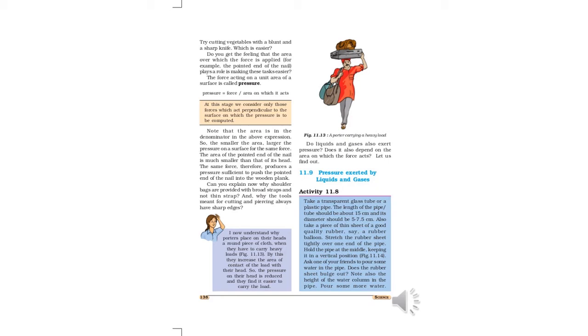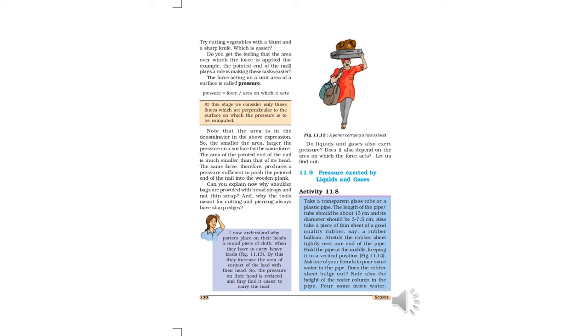So they can easily penetrate the surface. That's why cutting tools are very much sharpened. When the blade or the knife is blunt, it is very difficult to cut the vegetables speedily. We have to apply more and more force, then only can we cut the things.